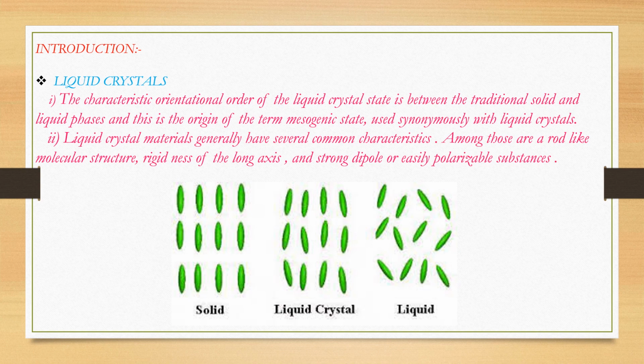As you are seeing in the diagram here, the arrangement of molecules of a solid is given and a liquid is given, and the liquid crystal is the intermediate arrangement between solids and liquids. Liquid crystal materials generally have several common characteristics. Among those are a rod-like molecular structure, rigidness of the long axis, and strong dipole or easily polarizable substances. So this is about liquid crystals.